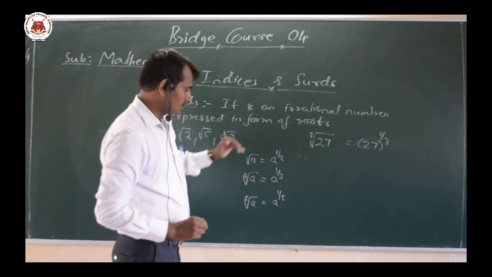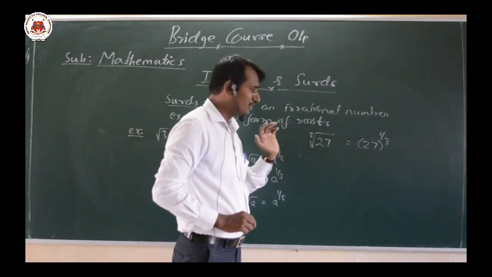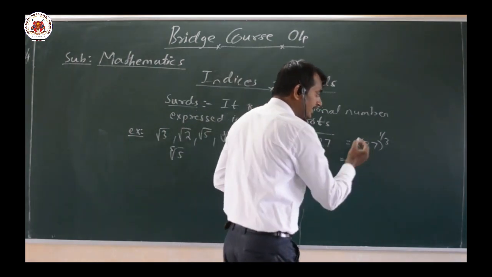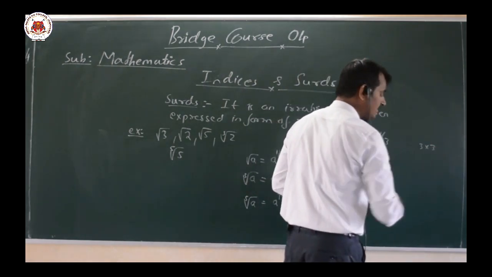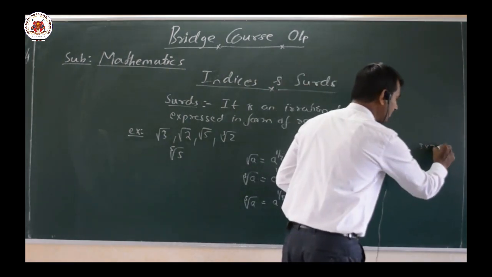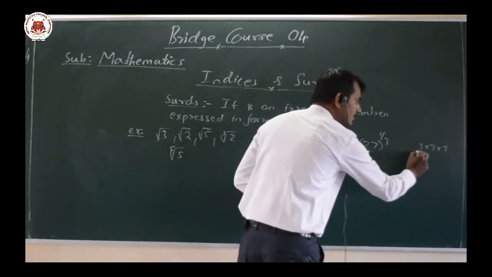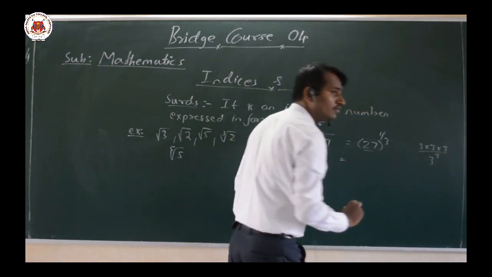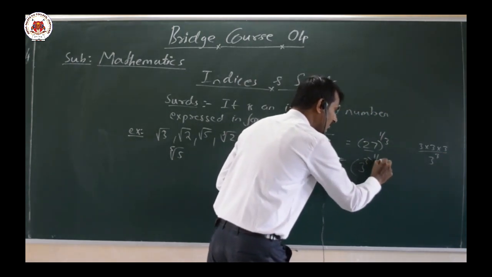Now these are all the basic examples. As I said, the cube root of 27. How can we write 27? 3 into 3 is 9, and 9 into 3 is 27. That means 27 can be expressed as 3 cube. So 3 cube to the power of 1 by 3.